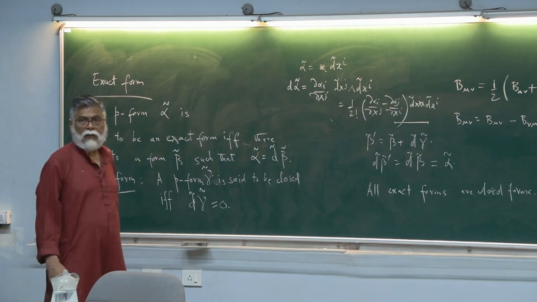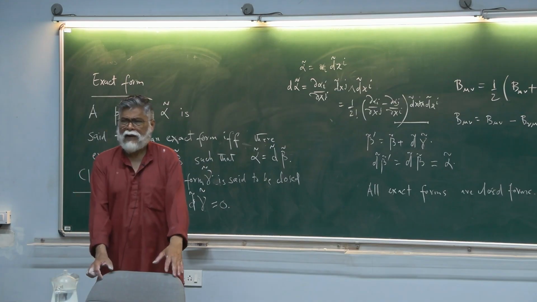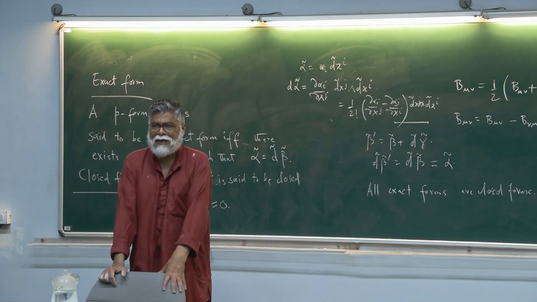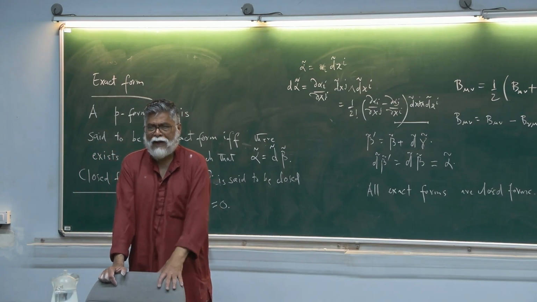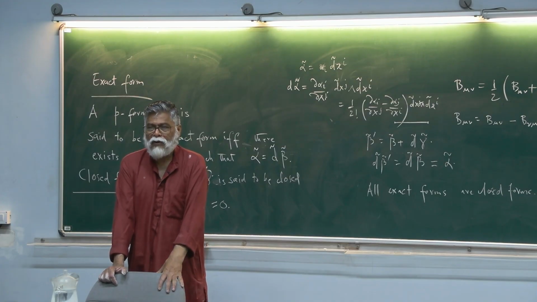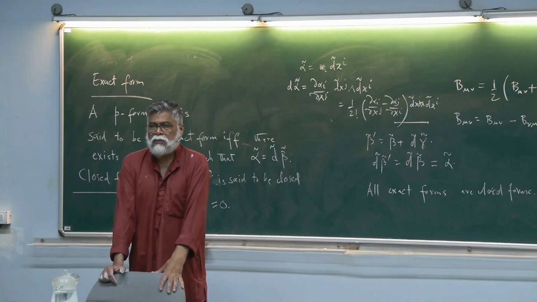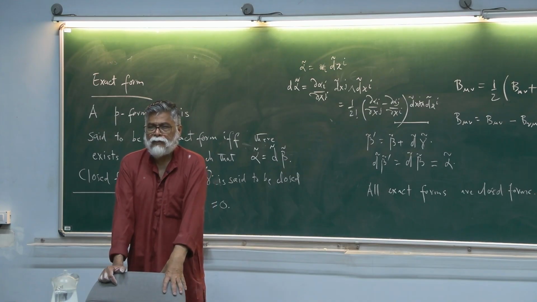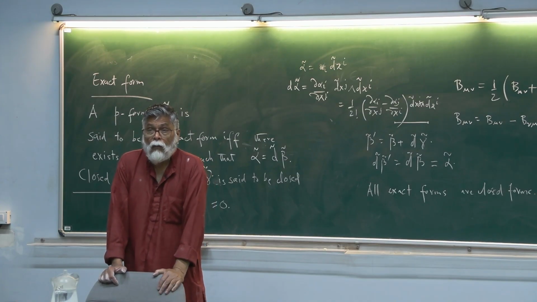Is it related to Poincaré? Yes, Poincaré's conjecture initially, but then it was proved later that locally, in a small neighborhood, in a chart, you can always express a closed form as d of something.